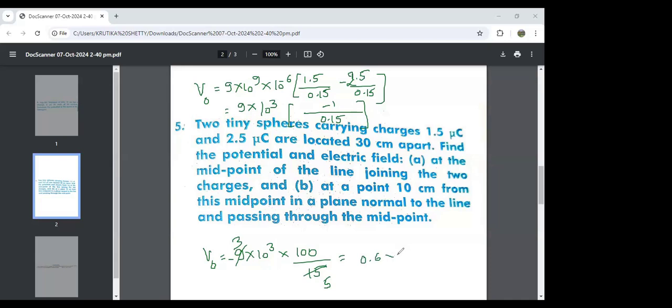So this is 0.6 into 10 to the power of 3 and this is 10 to the power of 5 volt. So it is 0.6 into 10 raised to 5 volt. Correct?